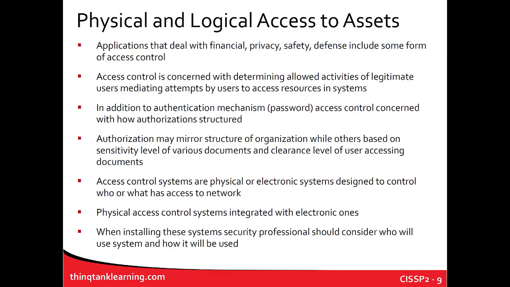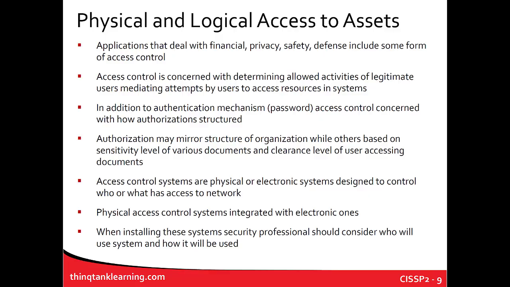This is going to involve the use of authentication, which is the process of verifying somebody's identity, and authorization, which allows us to define what each of those individuals are going to be permitted to do. All right?